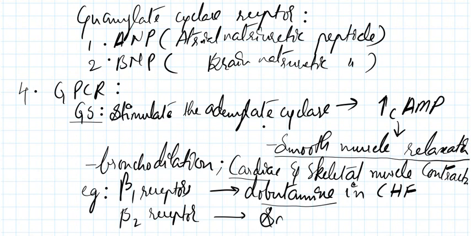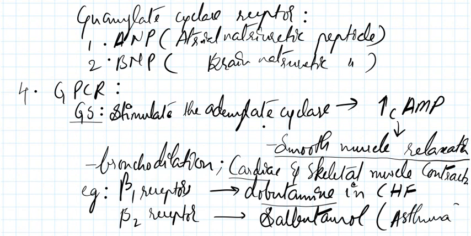This is the principle used by salbutamol, which is used in asthma. Now you understand this. That is why I say concepts are important, not questions. If you have the right concept, you can easily solve the MCQs within a fraction of seconds.